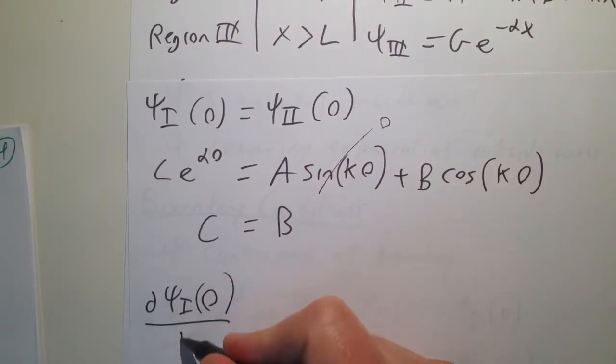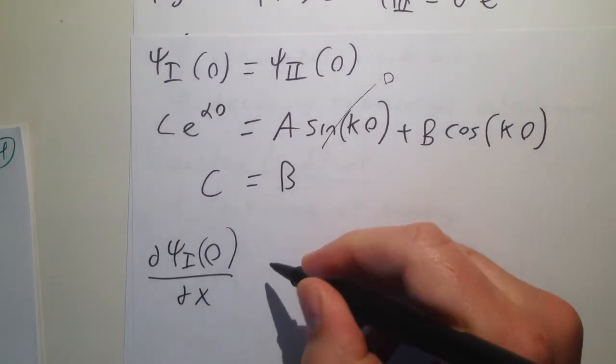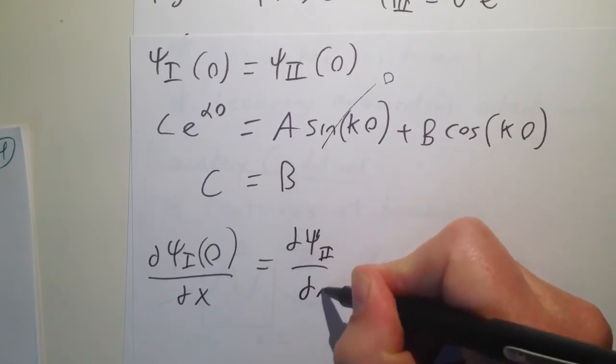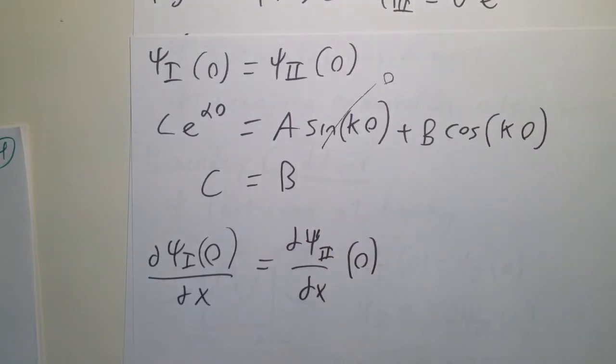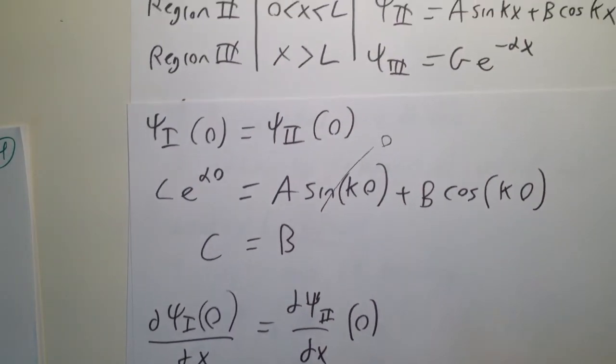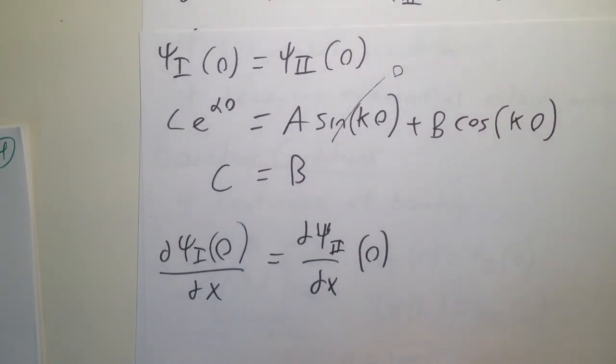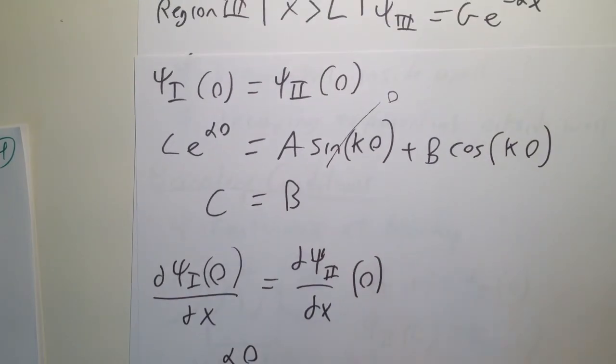At x equals 0, the slope of the wave function has to be the same on either side. Okay, and so let's take a derivative and plug it in here. For region 1, I take a derivative, I get alpha c e to the alpha x, and I plug in x equals 0, and that has to be equal to my derivative of my sinusoidal wave function.